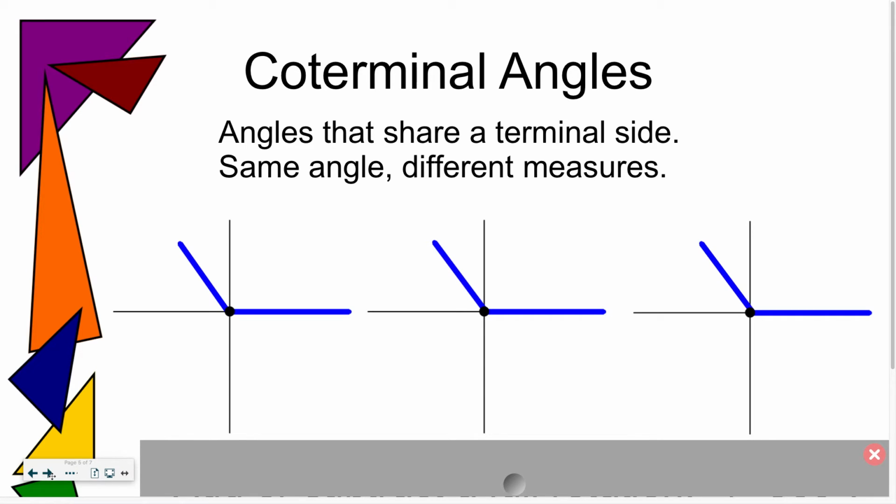Coterminal. This is really, really important as we get into trig in section 9.3. You oftentimes have to start a problem because it's not between 0 and 360 by finding a coterminal angle.